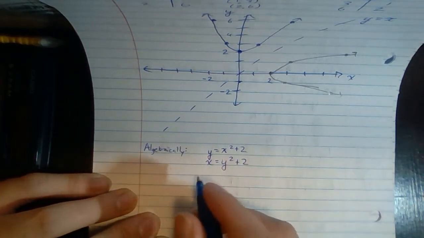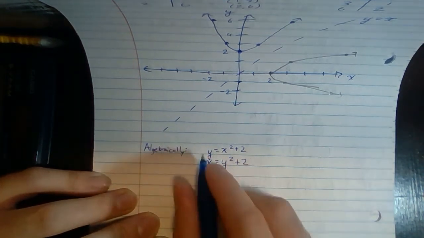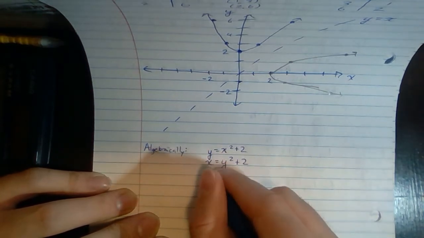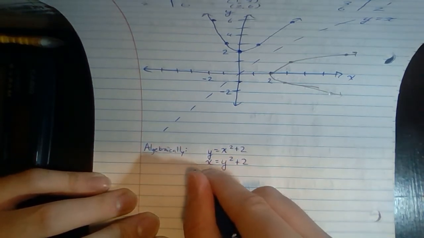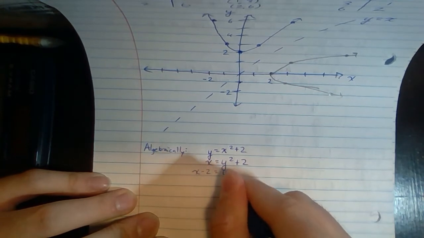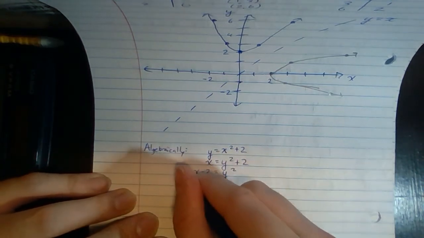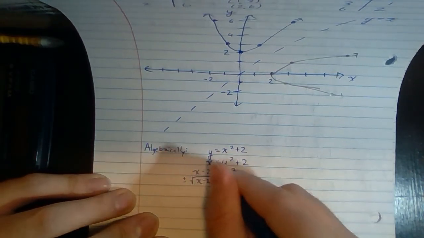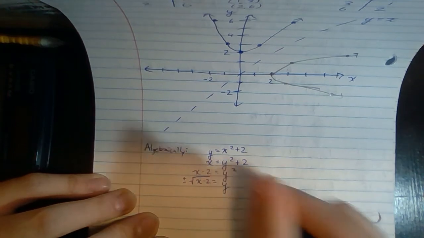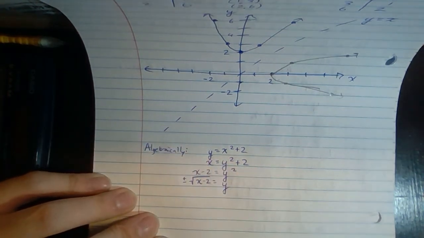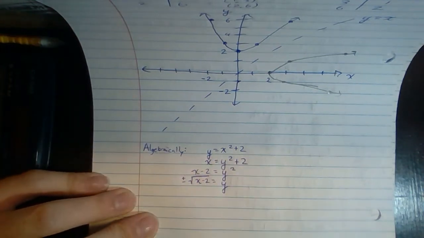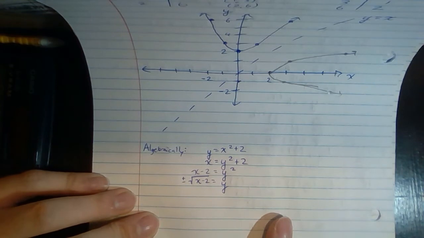And then, because we're used to giving our functions as a function of y, we're going to solve for y. So we'll move over the positive 2 to the left side, and we get x minus 2 equals y squared. And then we'll take the plus or minus square root of both sides, and we get y equals plus or minus the square root of x minus 2.